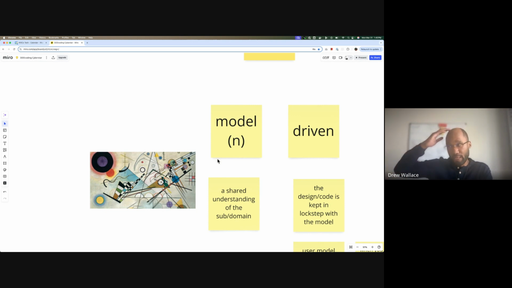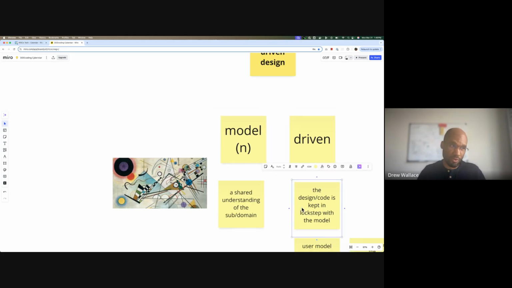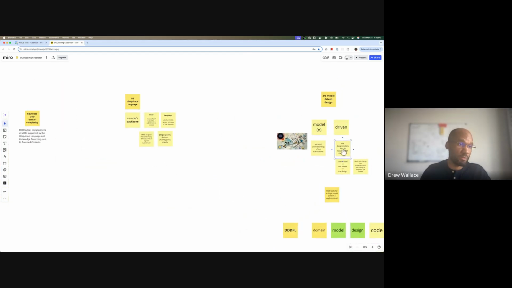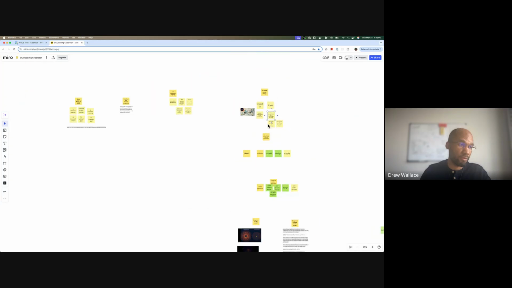So if we change our understanding of the domain, the code has to change. And if the code changes, it changes the model. So they're in lockstep. The design of code is kept in lockstep with the model. That's a good question, and we'll deep dive into that tomorrow.